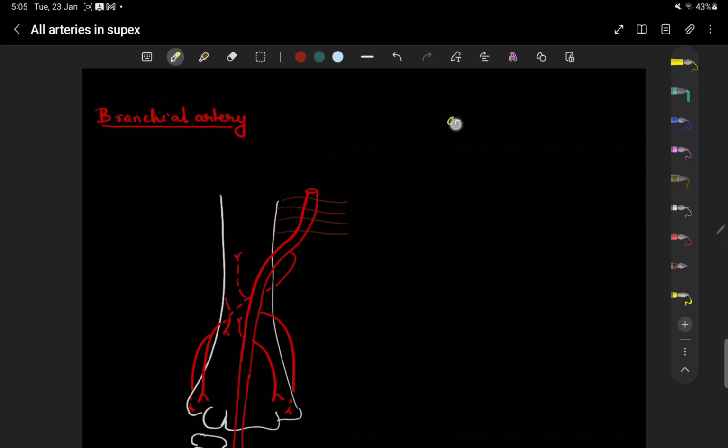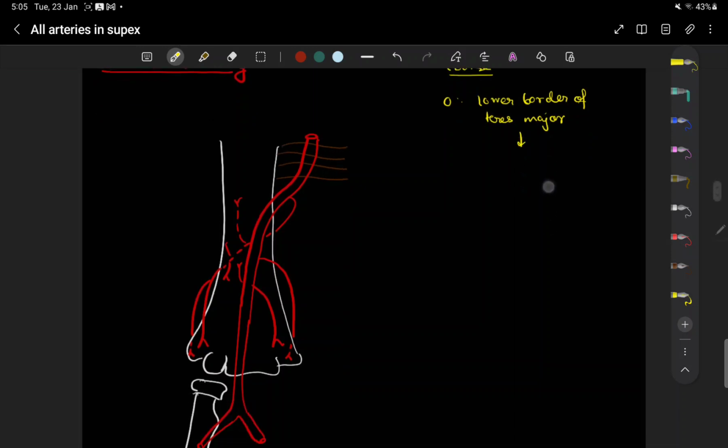Let's move on with the course. The origin you can tell with the diagram, that is the lower border of the teres major muscle. After that it moves in the arm from the medial to the front. It is one of the contents of the cubital fossa.